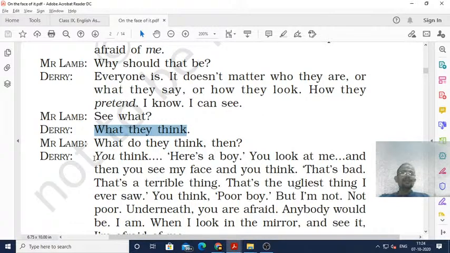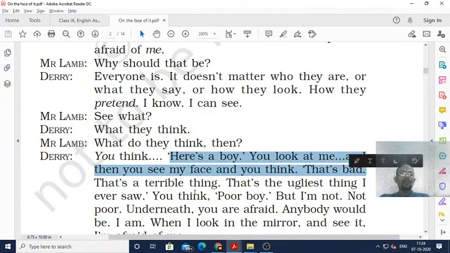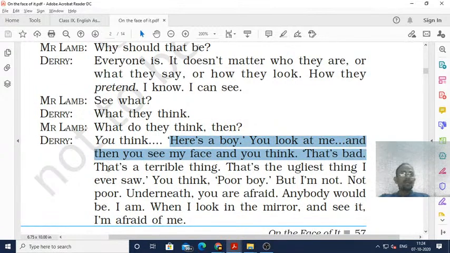Okay? The Daddy is also trying to draw the attention of Mr. Lamb towards his face. What is so special in his face? Let's discover now. Here is a boy, you look at me and then you see my face and you think that's bad. My face is bad. That's a terrible thing. That's the ugliest thing I ever saw. You think.